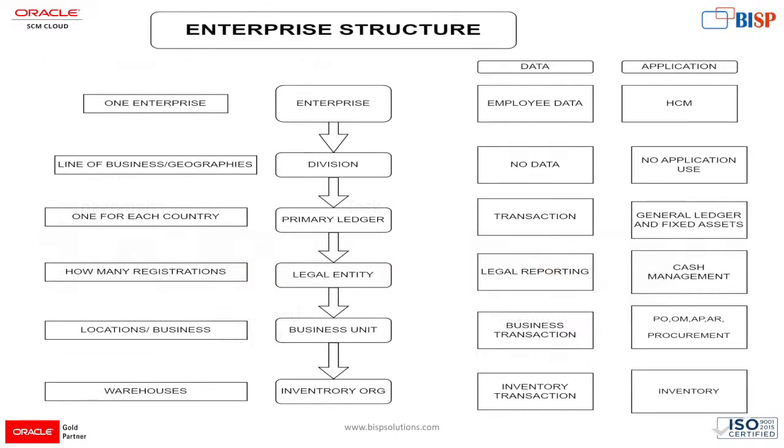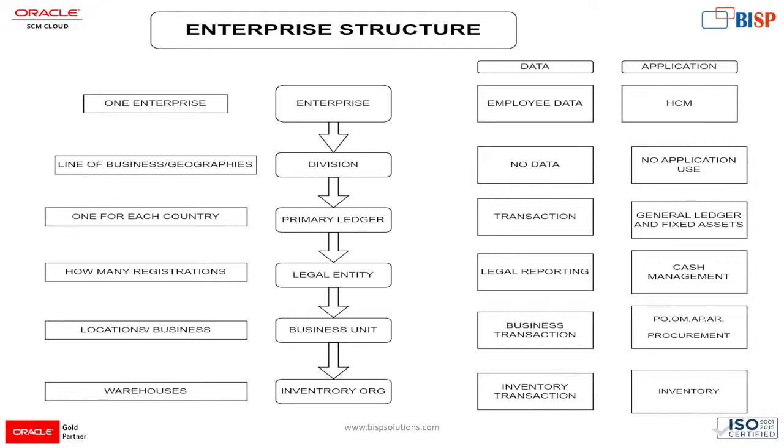So enterprise structure in Oracle Fusion, you can see one enterprise per instance. You got a division which is for future use. So you can have reporting on that based on the division, that is line of business or geography. You got one primary ledger for each country.